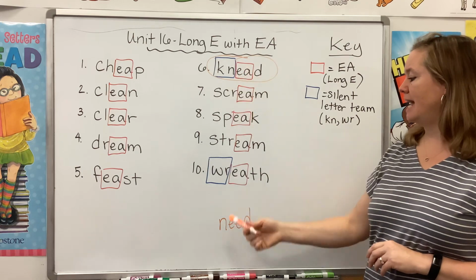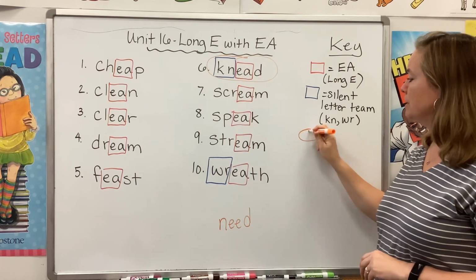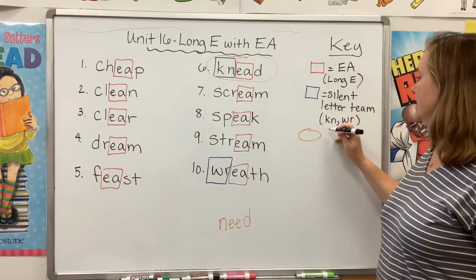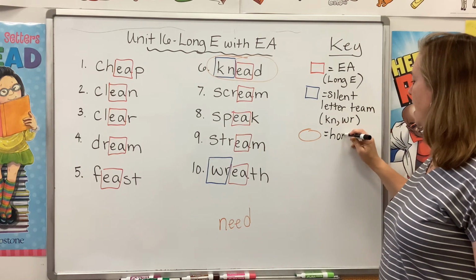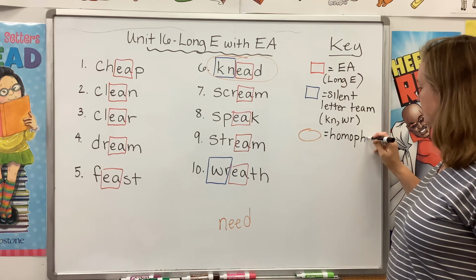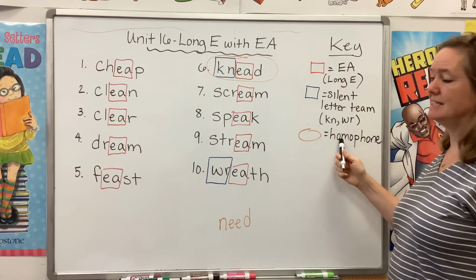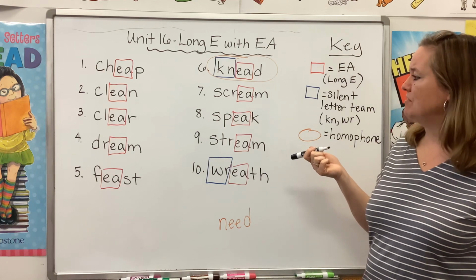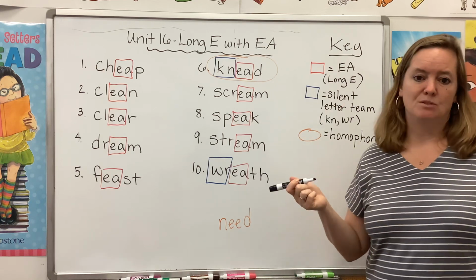So knead and need. Two words that sound the same but have totally different meanings. So we call that a homophone, which means same sound. Okay, I don't see any other homophones on our list this week.